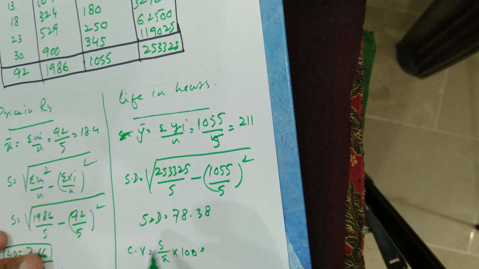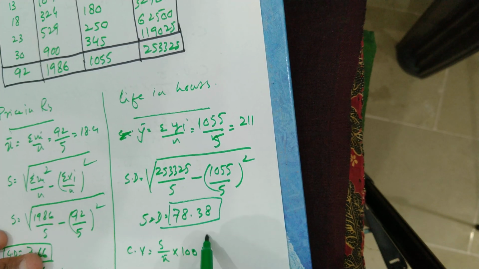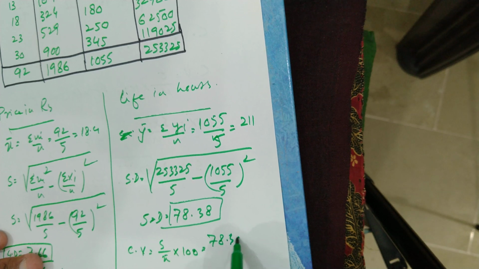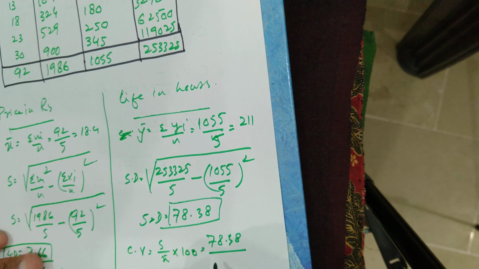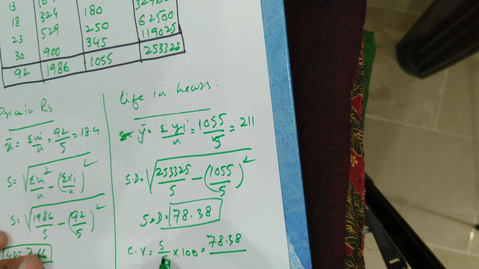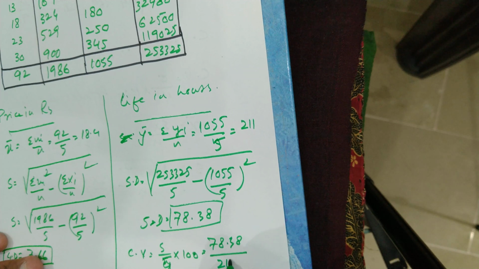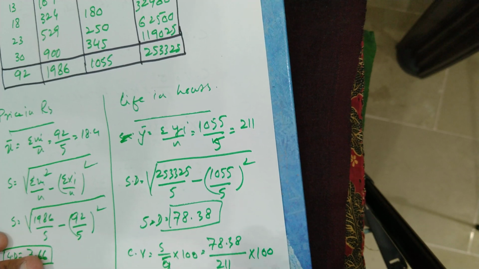So the coefficient of variation is S upon x bar multiplied by 100: 78.38 divided by y bar, which is 211, multiplied by 100.